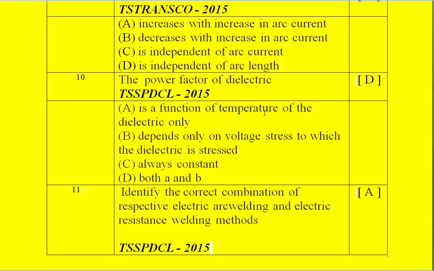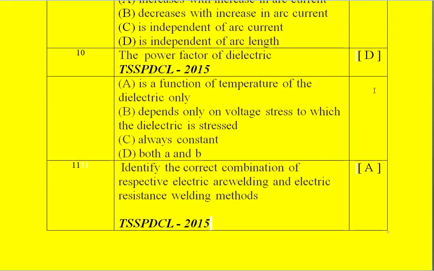One is the temperature of the dielectric material. The other is the voltage that we apply. Those two will decide the power factor of the circuit. So D is the right answer. And it was given in 2015 TS SPDCL.